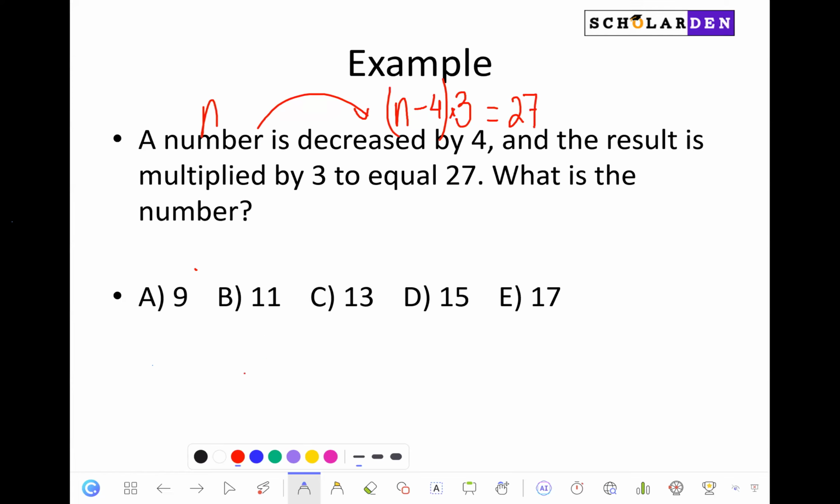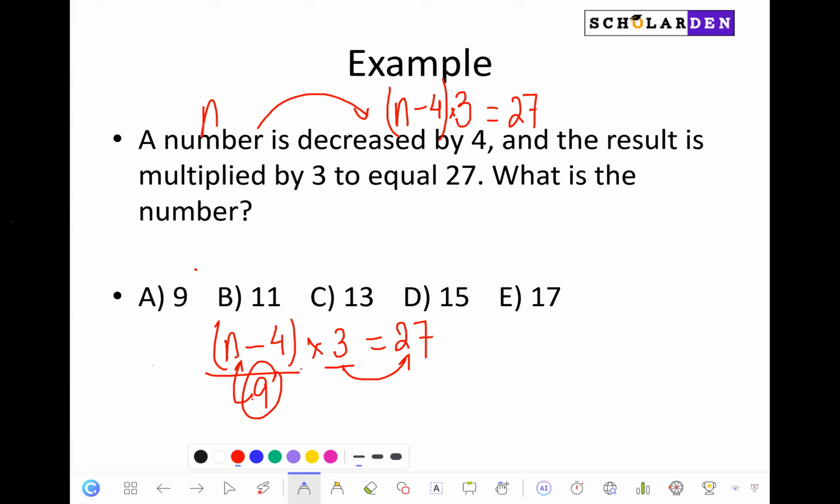So let me write this down neatly for you. You've got n minus 4, which is the number decreased by 4, and then multiplied by 3 results in 27. First of all, let's try not to do that arithmetically, but let's try to do that directly. What number times 3 would give you 27? That would be 9. We know that 9 times 3 is 27. But what is 9? 9 is actually the number decreased by 4.